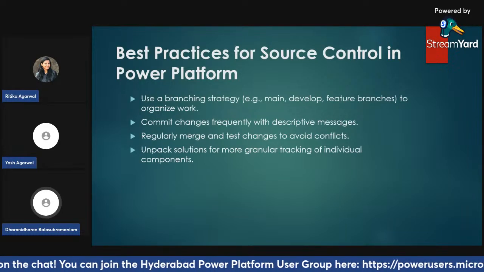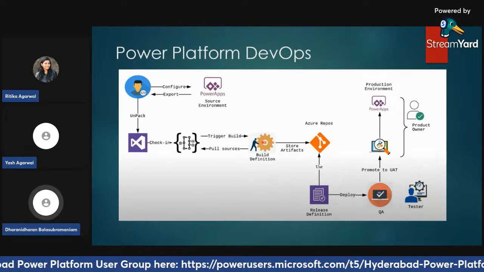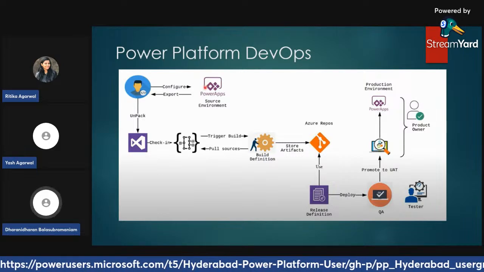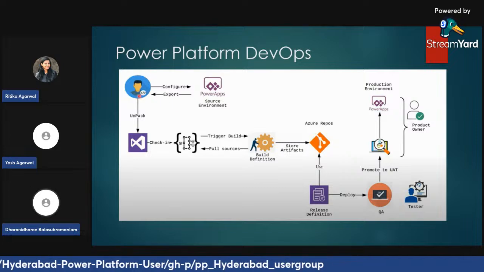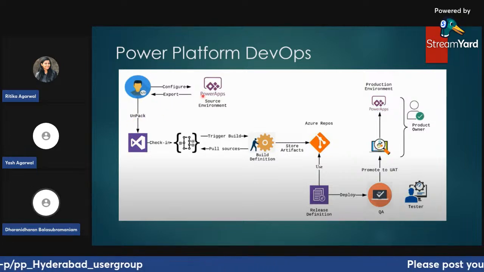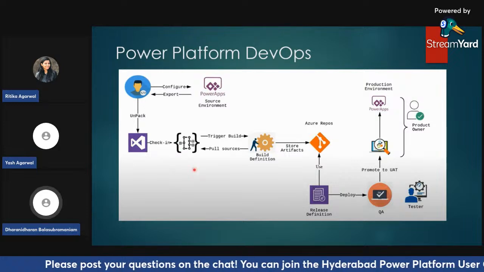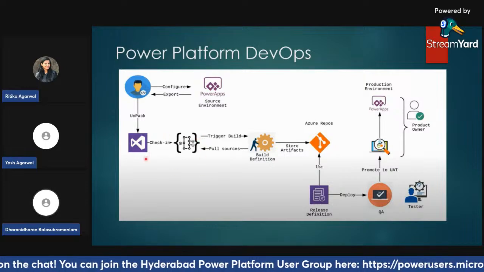So I have built a flow showing how the developer will do the customization and configuration in the source environment. Once the developer completes his activity in the source environment, he will export the solution, unpack, and commit the code into the source control, the Azure Repos or GitHub.